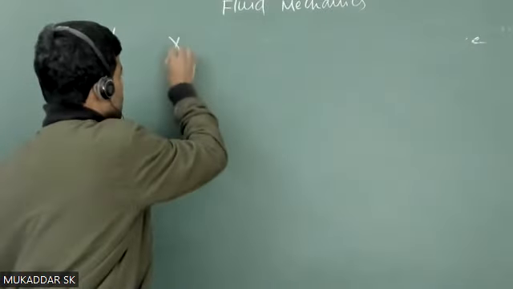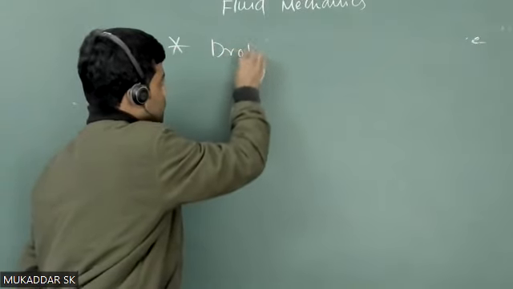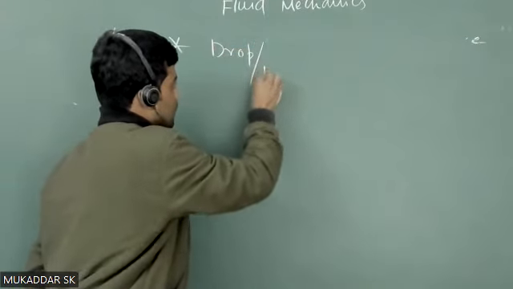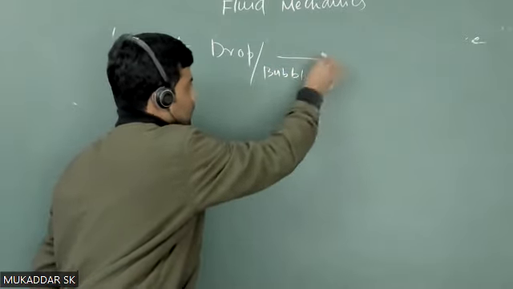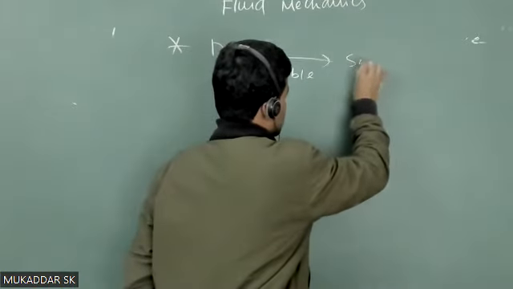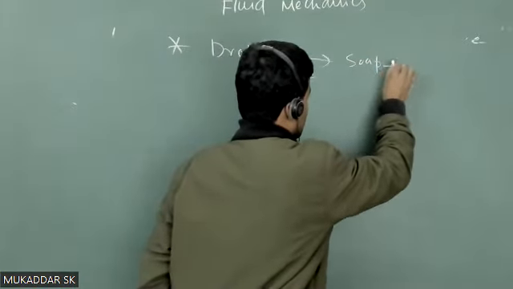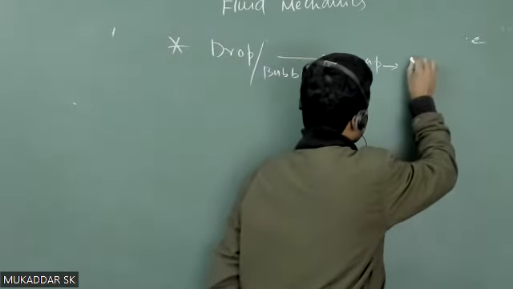So if you have a drop or bubble, if the bubble is soft, then only it will have two surfaces.